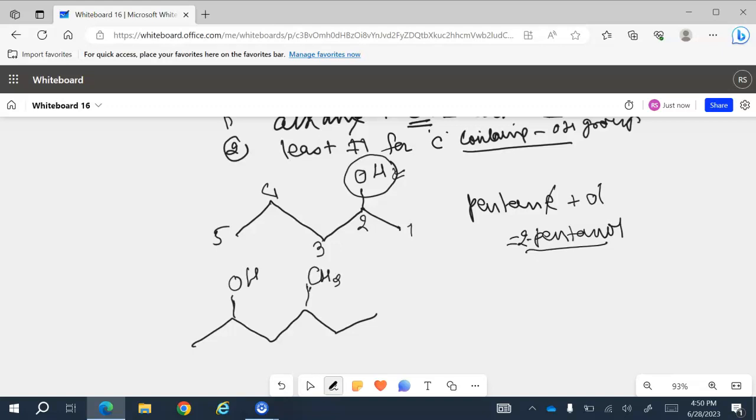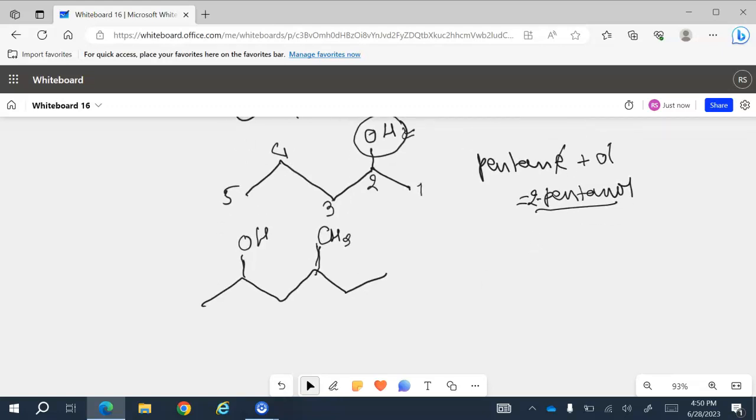If we want to name this alcohol, again we find the longest carbon chain: 1, 2, 3, 4, 5, 6 carbon chain. So that will be hexane. Since there is an OH group, it is hexane plus ol. We drop out this E, so it will be hexanol.